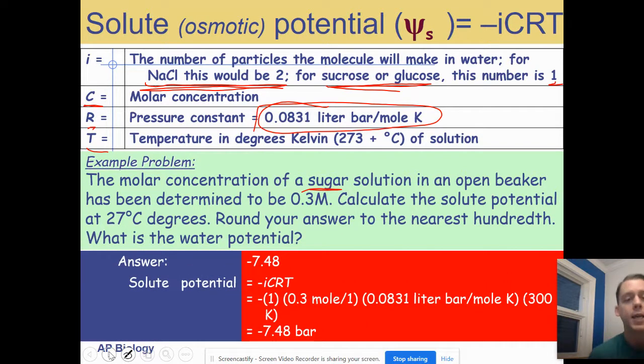Well, if we take negative iCRT, the i is 1. The concentration is 0.3. We've got the R, the constant, 0.0831, and the temperature would be 300 Kelvin, and that has to be negative, so it's negative 0.748 bar. And remember, this is the solute potential, not the overall water potential.